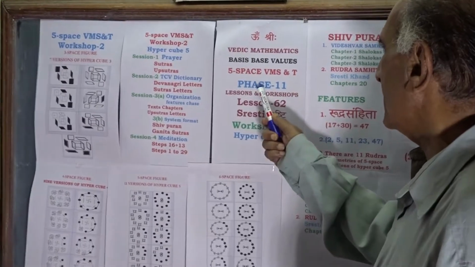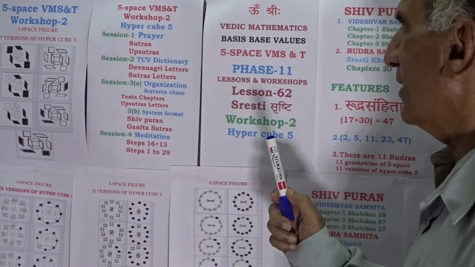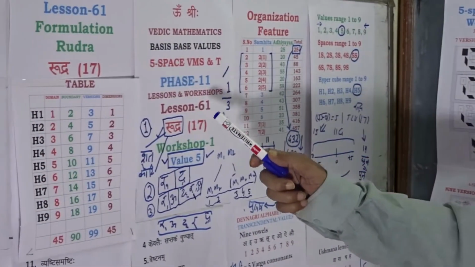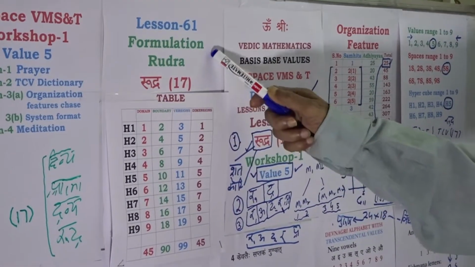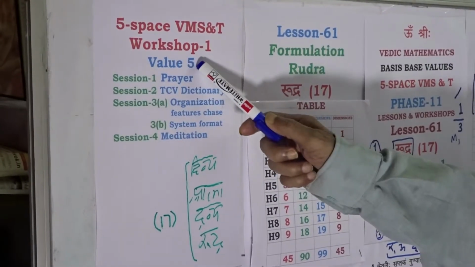In phase 11, in the previous lesson 61, our focus was upon the formulation Rudra, and the workshop focus was upon value 5.